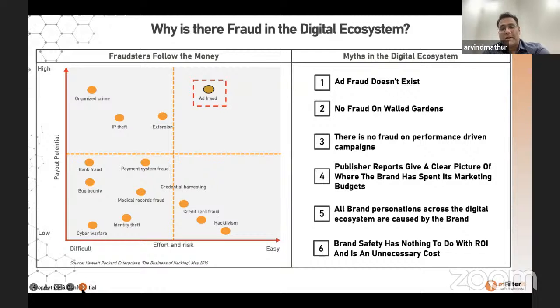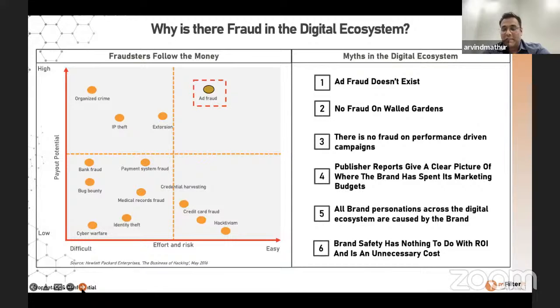And if you compare that to any kind of organized crime, for example, extortion or IP theft or cyber warfare or identity theft, all of these have strong regulations and restrictions as to the seriousness of the crime. But ad fraud is so vibrant, so deep-rooted, and so widespread, and unfortunately it doesn't have any strong mitigation ecosystem or a law to fight against.